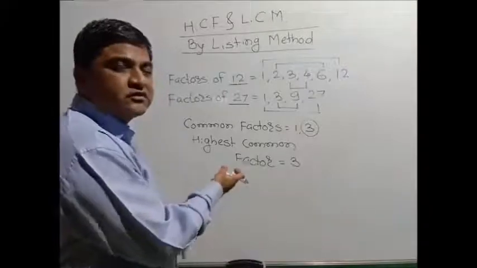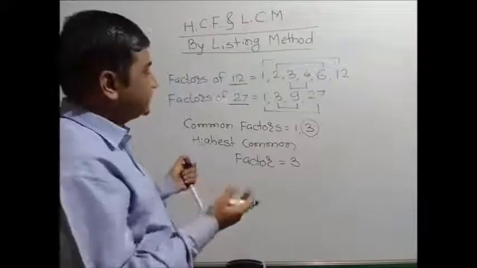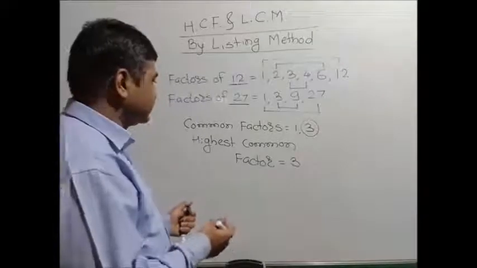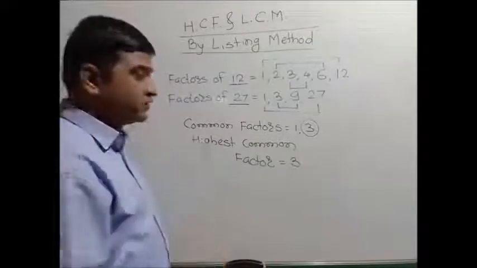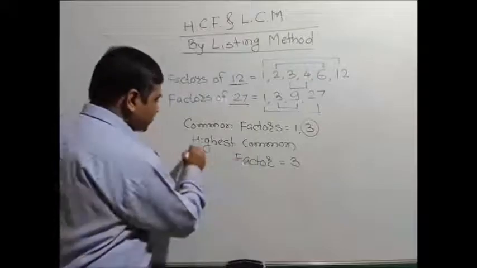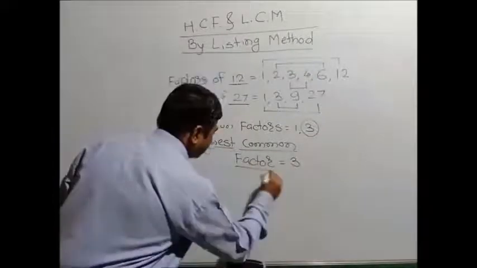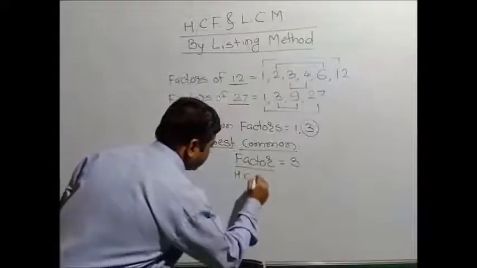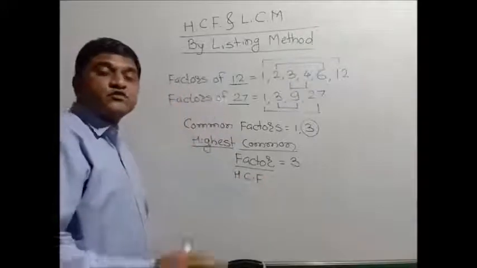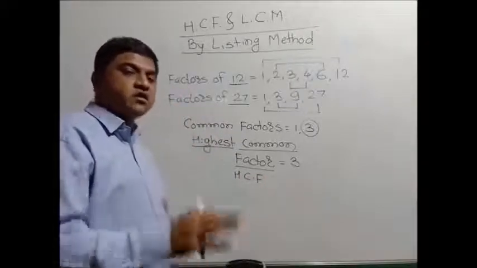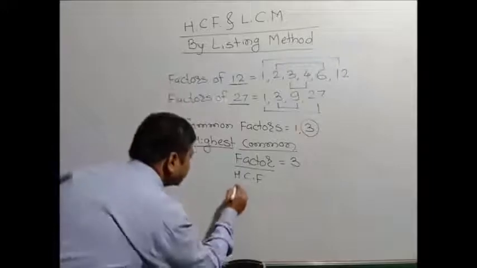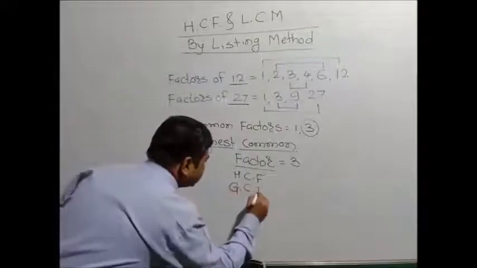So see, this is the use of finding the factors in real life, and what we get is the highest common factor. In short, we write this highest common factor as HCF. This is also known as the greatest common divisor. In short, it is written as GCD.